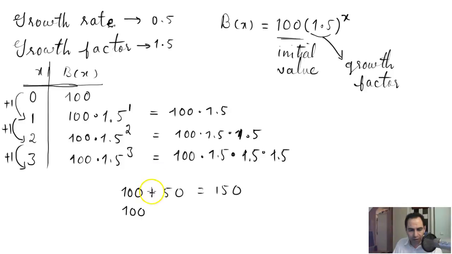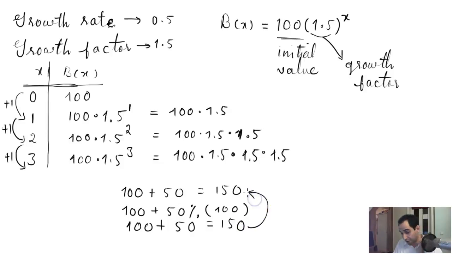You can write this as 100 plus 50% of 100, and 50% of 100 is 50, which becomes again 150 here.